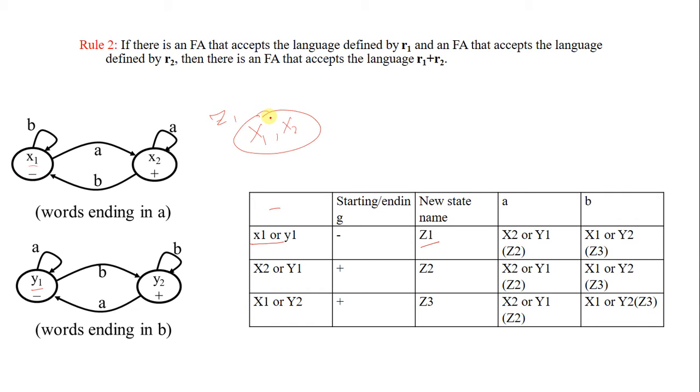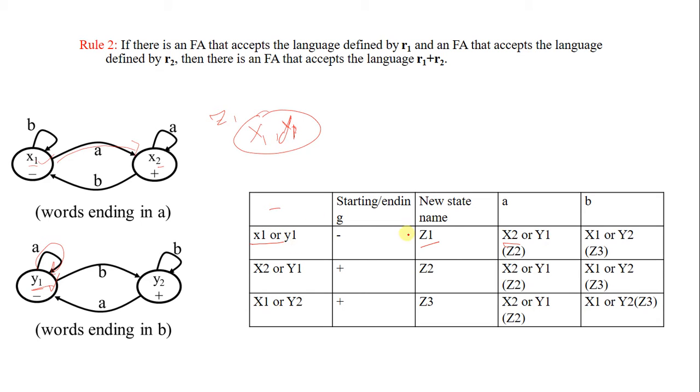So for letter A, let's see what happens. If you are on x1 and you read letter A, you go to x2. So I write here x2. Similarly, if you are on y1 and you read letter A, you stay on the state y1.